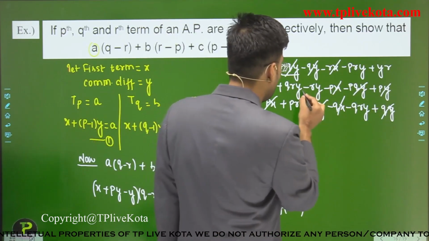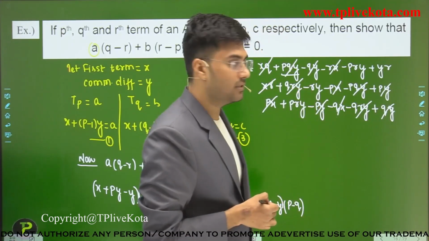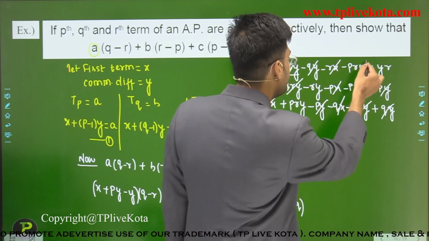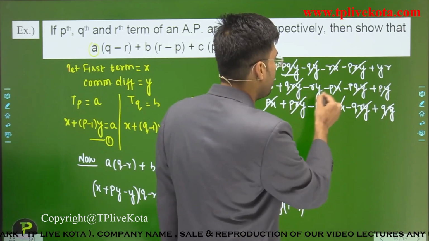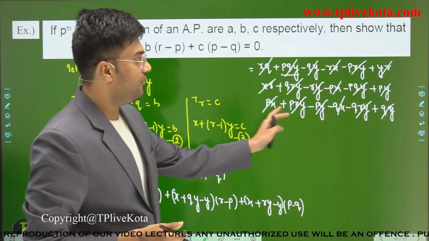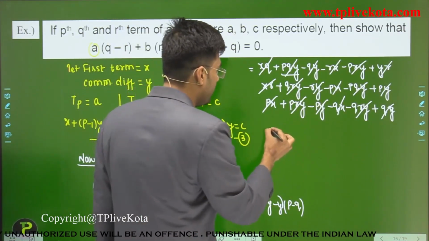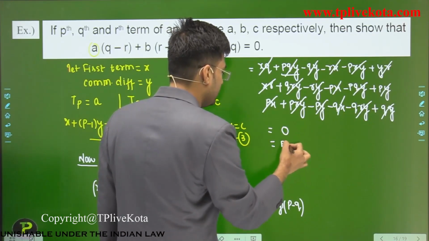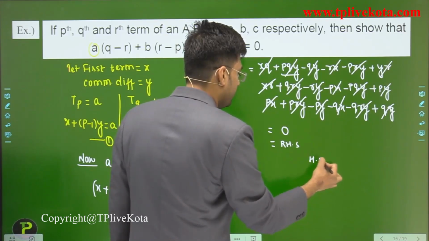This QRy and QRy are cancelled out. This PRy and this PRy are cancelled out. And this Ry and yR are cancelled out. So students, if we observe here, all the terms got cancelled. So finally what will we get? This is 0 and that is our right hand side. So we prove the given statement.